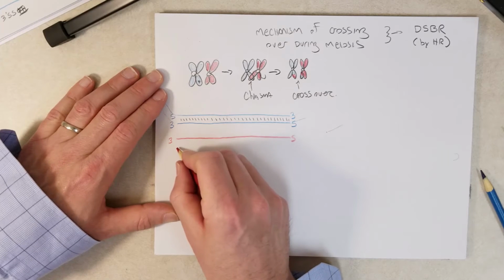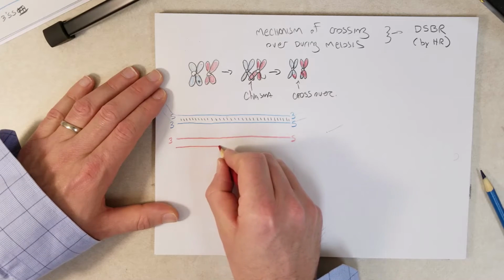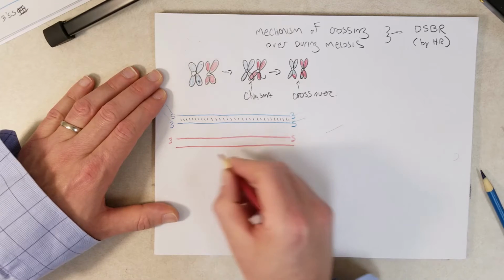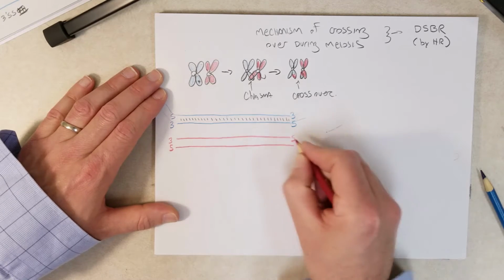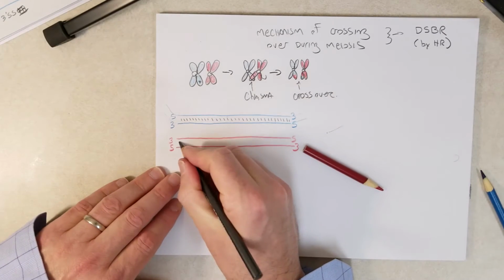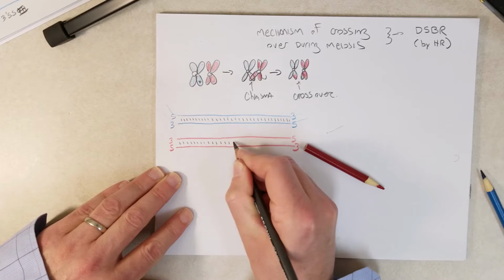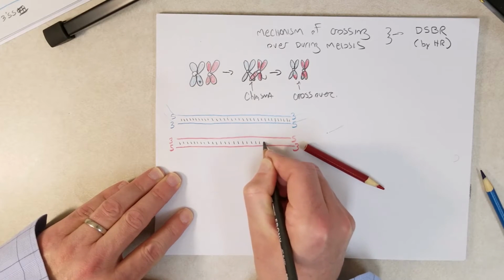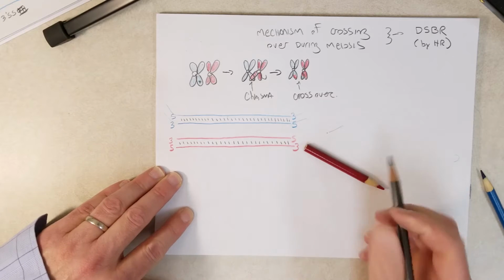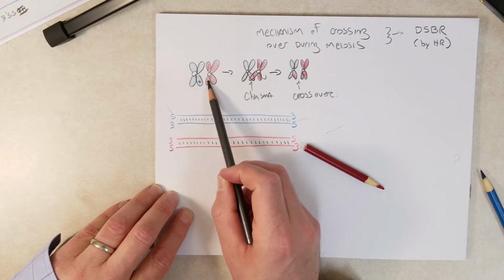The reason we do that is it's easiest to show how this double-strand break repair works when the strands are oriented like so. Okay, so we have a segment of DNA in this chromosome over here and a segment over here.